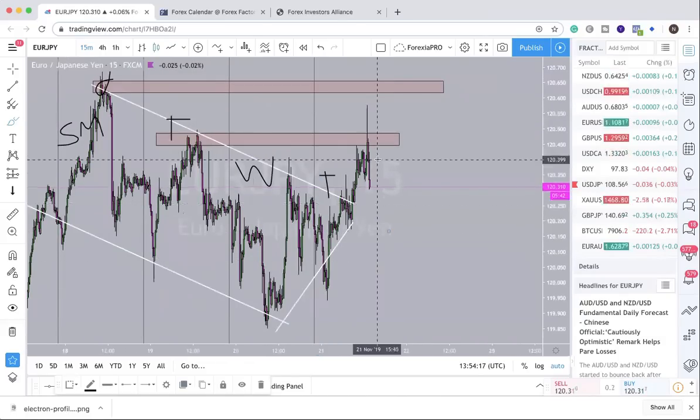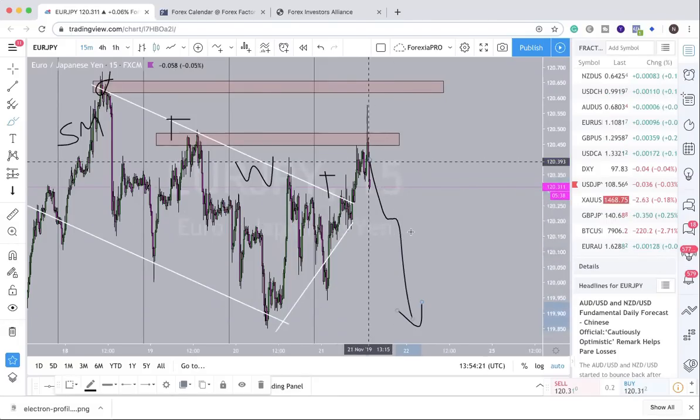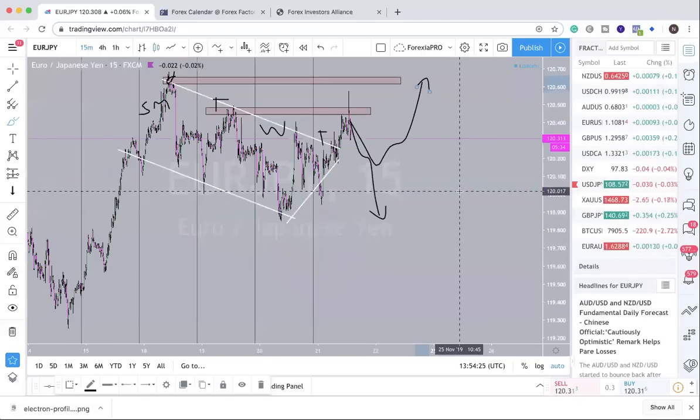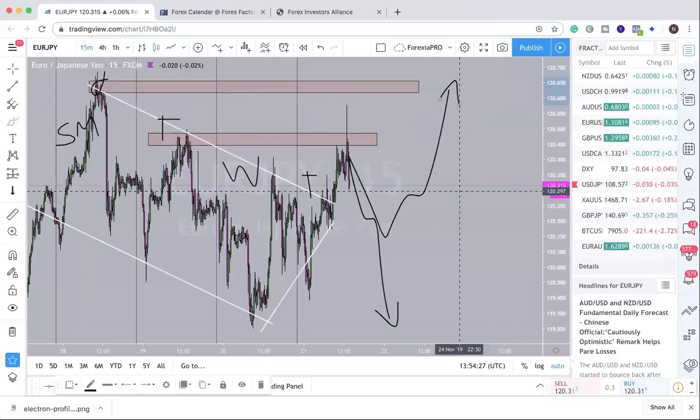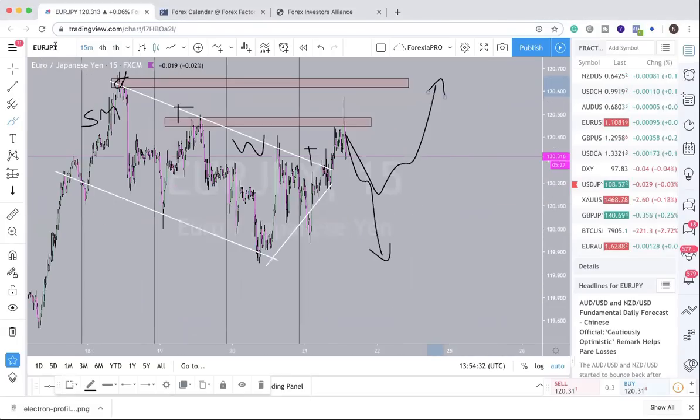We could very well see a drop like this or something like this, in my opinion. That's my analysis, yo. I'm not getting in that one as a trade. Doesn't really look like an optimal setup.